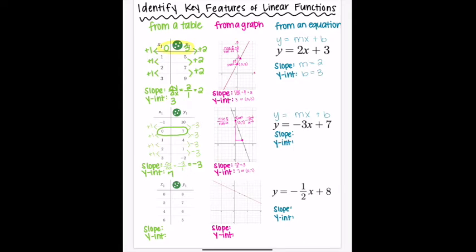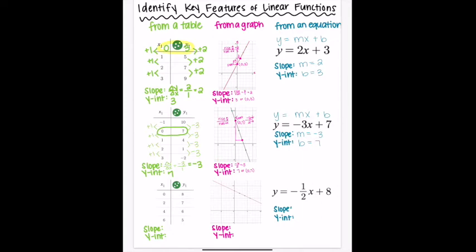The slope is always the m, the number that's in front of x. So for this one, that m value is negative 3. And the y-intercept, or the b value, is positive 7.